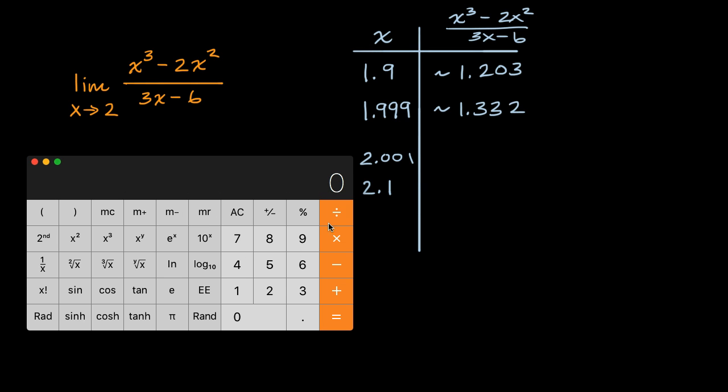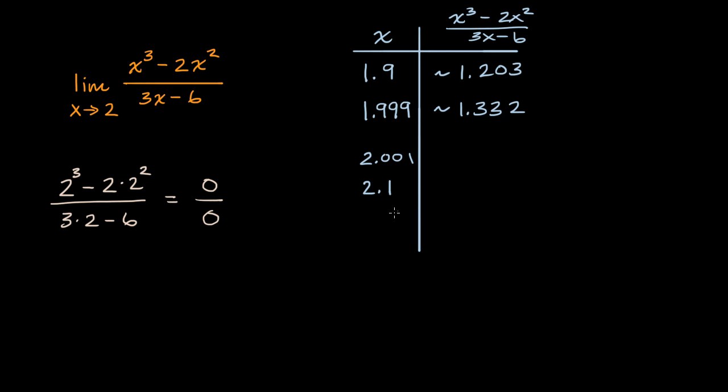So for example, if I wanted to try 2.1, that would be 2.1 to the third power minus 2 times, open parentheses, 2.1 squared, and then close parentheses is equal to, that's my numerator, divided by, open parentheses, 3 times 2.1 minus 6, close parentheses, that's my denominator, and I get 1.47. So approximately 1.47.